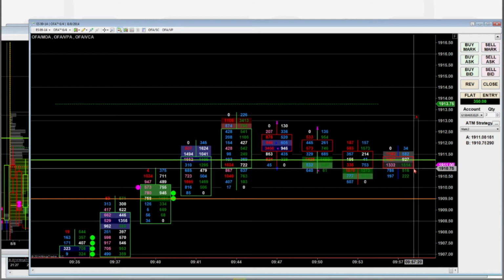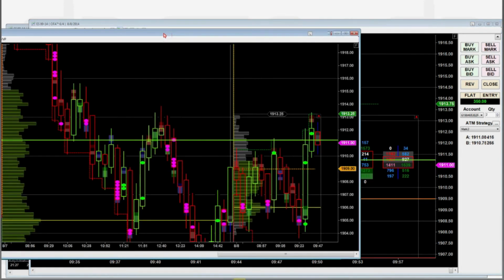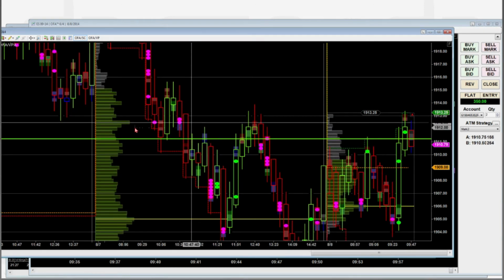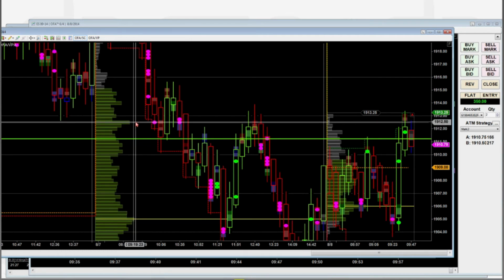And so when price is moving in a specific direction like that, and buyers are doing a good job, I'm looking at the previous day's auction. I see a high volume area right here at 1250, from yesterday.